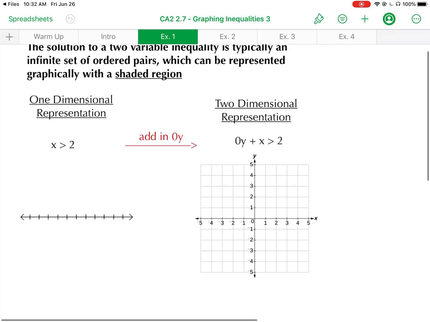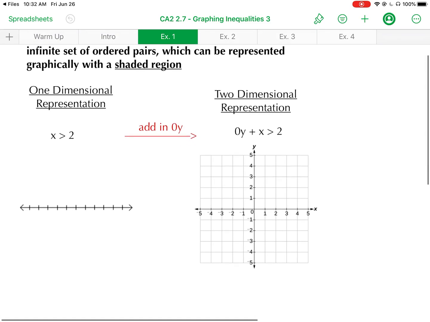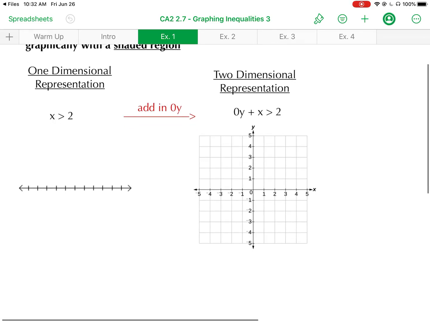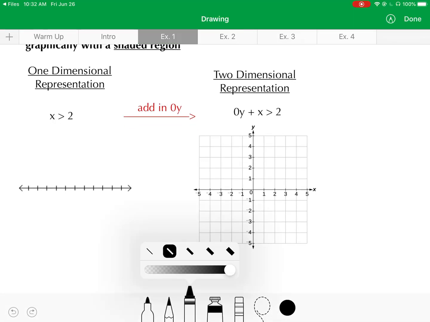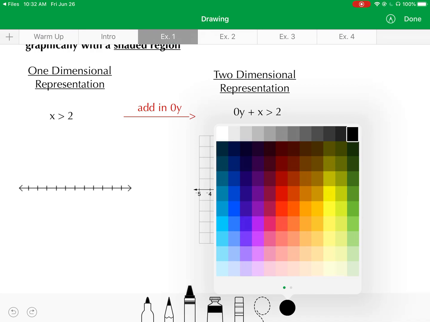So over on the left-hand side here, I have a one-dimensional inequality. x is greater than 2, meaning our solution is all real numbers whose values are larger than 2. And we know how to graph this, right? On the number line, let me label here.